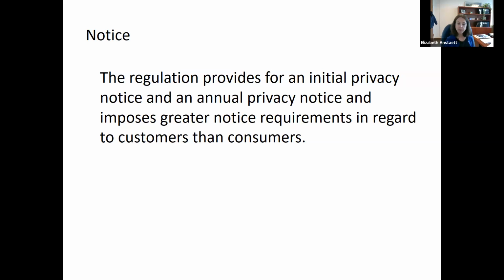And a notice must be given upfront if information is going to be shared, and then annually. And actually, for consumers, it's only if information will be shared. For customers, you have to give the notice whether or not information will be shared.